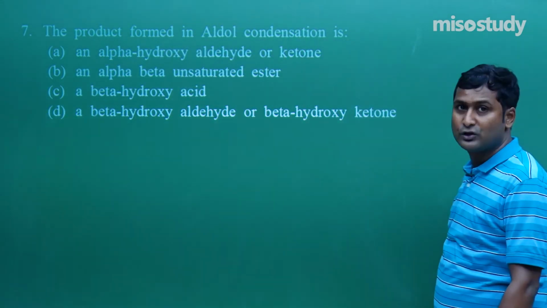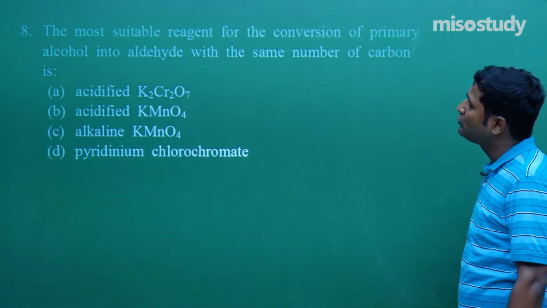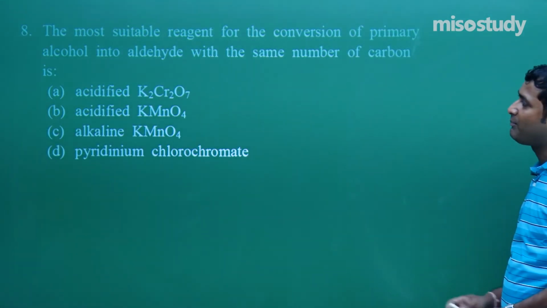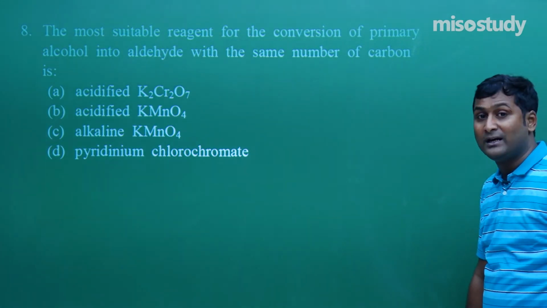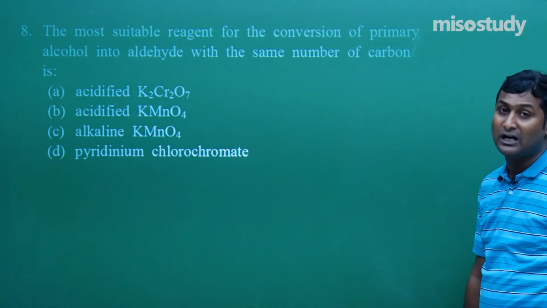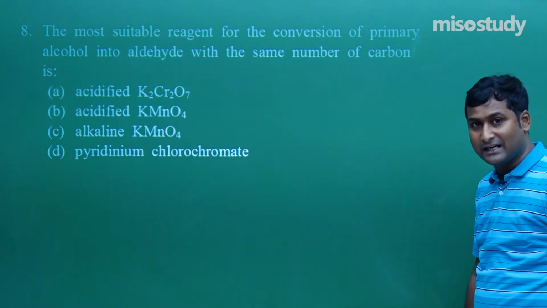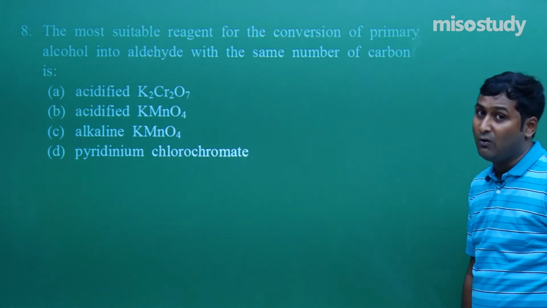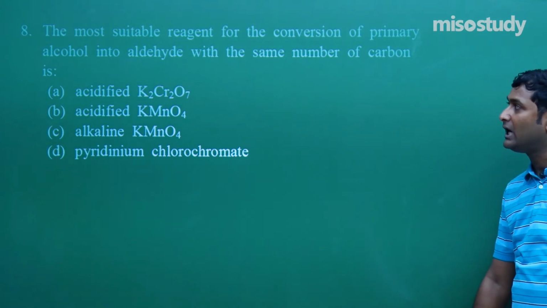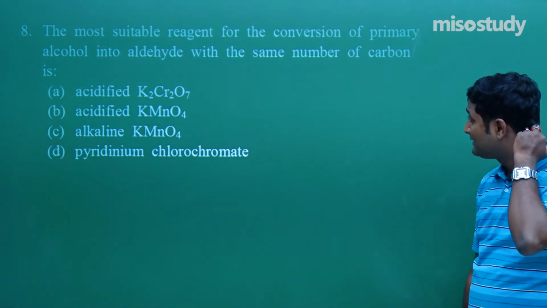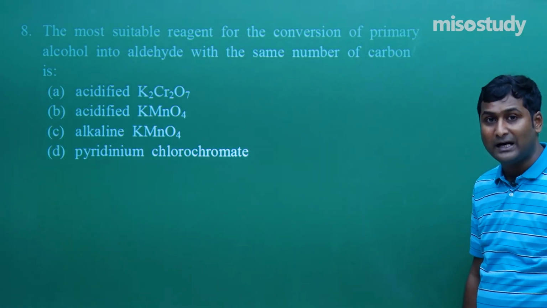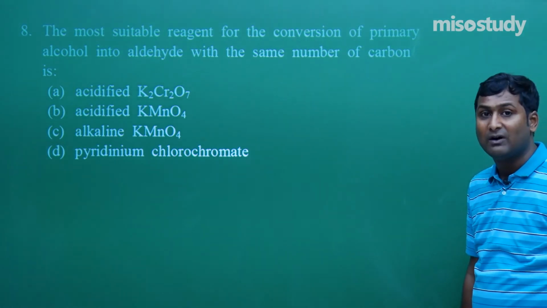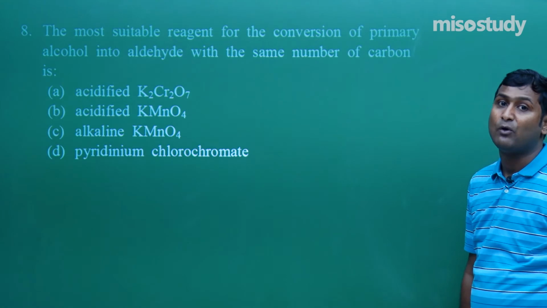Clear? Now question number 8. The most suitable reagent for the conversion of primary alcohol into aldehyde. As we know, primary alcohol gives you aldehyde, secondary alcohol gives you ketone. One more thing I have added: the conversion of primary alcohol into aldehyde should be limited, otherwise the main product will be carboxylic acid.